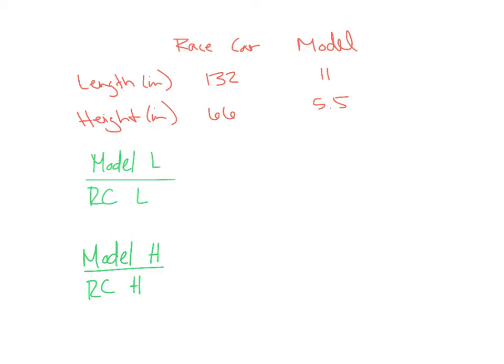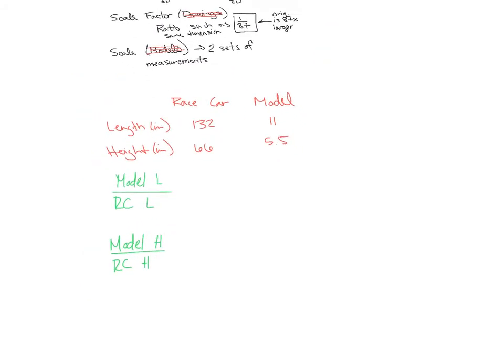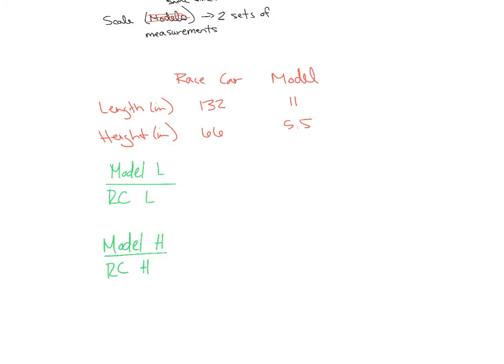So you have to remember that when we are setting up our fraction to see what the scale factor is, we always do model over actual, okay? Do not do actual over model. It is always model over actual. So the model length was 11 and the race car length was 132.